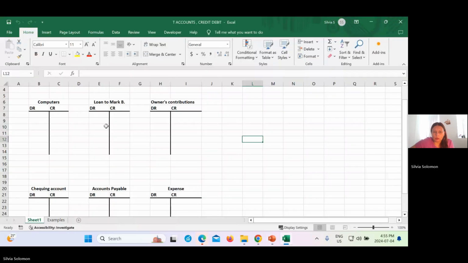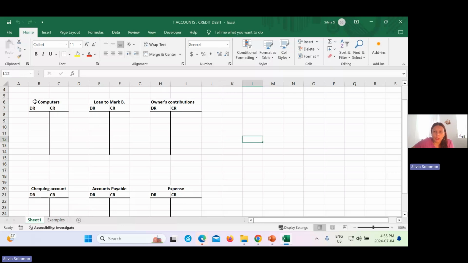So, for example, under the assets, we said that the assets are all what the company owns, okay? One example of assets is computers, okay?